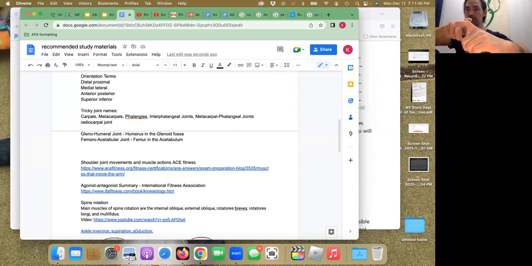How do you distinguish between this interphalangeal joint and this interphalangeal joint? This one is the proximal interphalangeal joint. This is the distal interphalangeal joint. Let's go all the way up. Repeat after me. Distal interphalangeal joint.